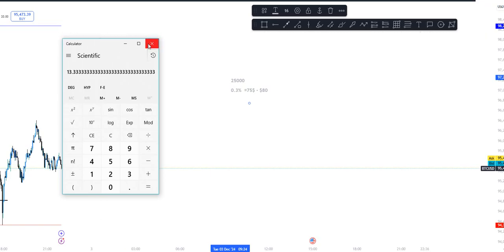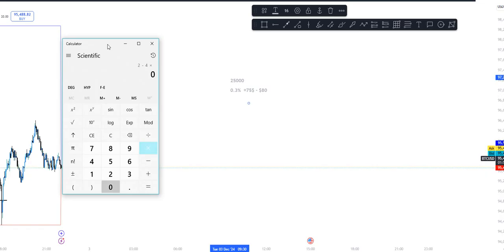Now, in terms of risk reward, what we're looking for is anything between 2 to, I think probably the maximum I can go is 4, so 2 to 4 in this particular case. So let's go for $80.